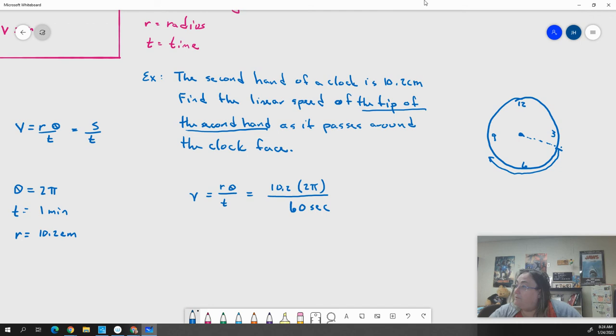So if I do 10.2 times 2 pi, I get about 20.4 centimeters.